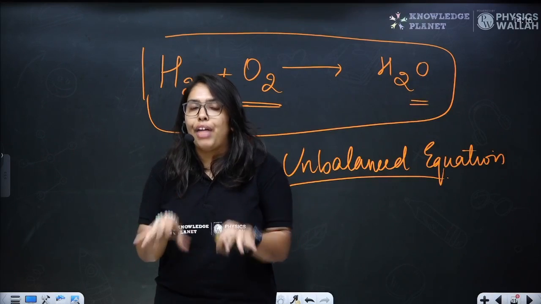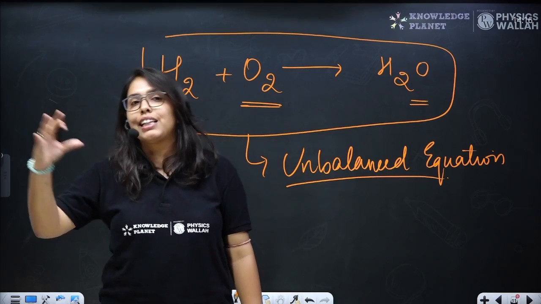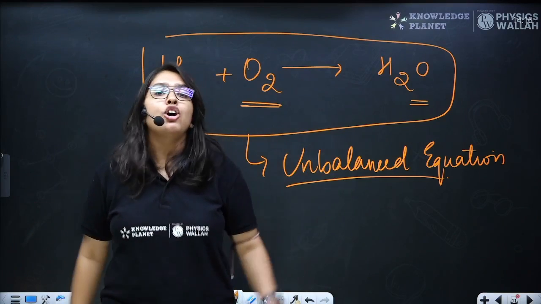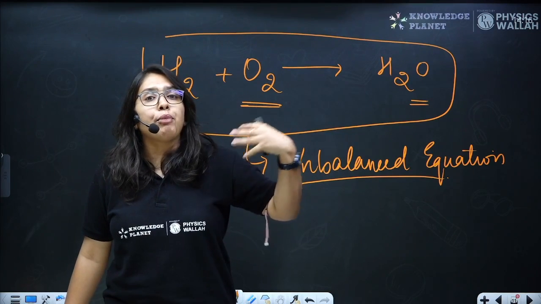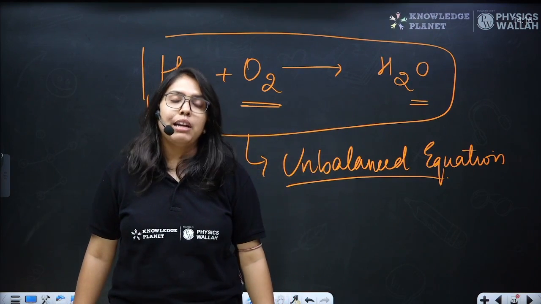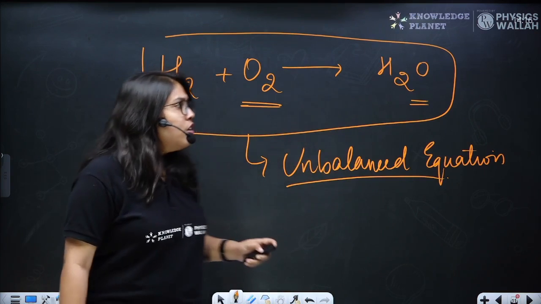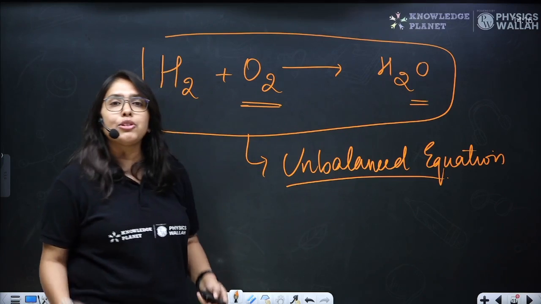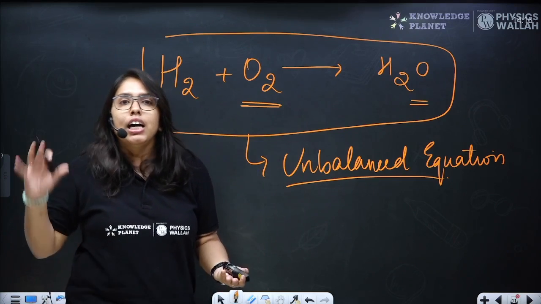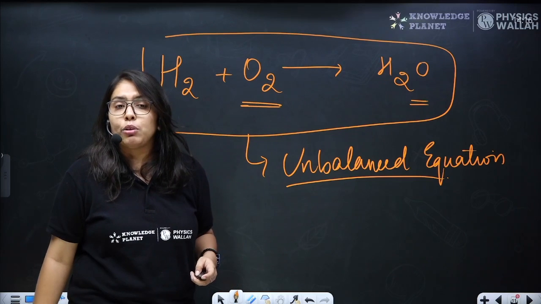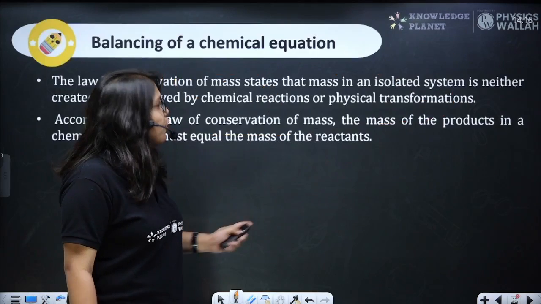The number of atoms of a given element on the reactant side should be equal to the number of atoms of that element on the product side. But that is not what is happening over here. So this is known as an unbalanced equation because there is a misbalance between the reactants and the products with respect to the number of atoms of elements on either side.